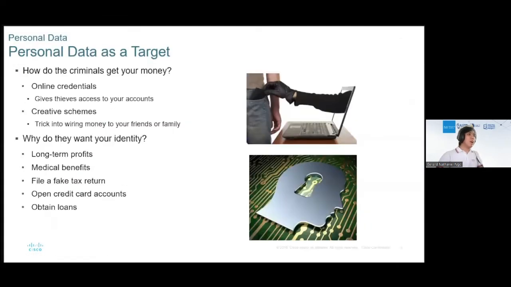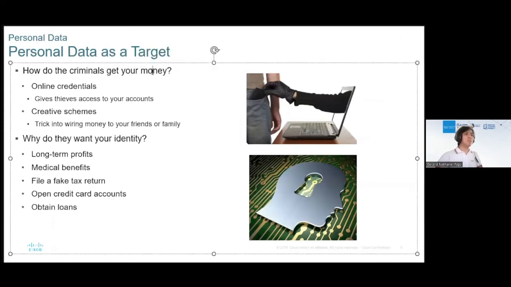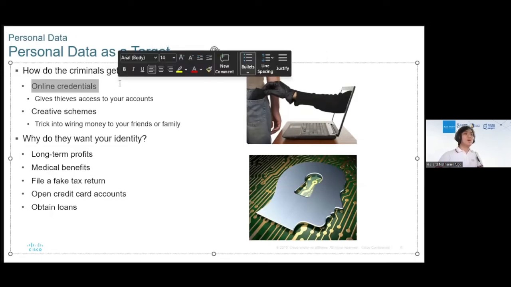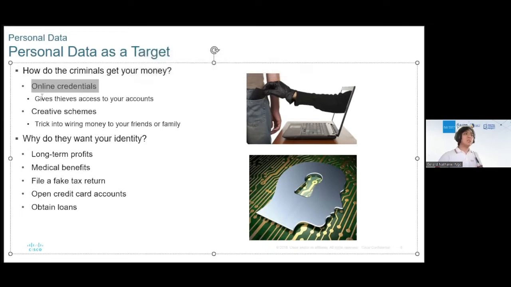So, your personal data as a target. How could you be a target? Criminals basically want to get money, and to gain money easily without working for it, or they're actually going to work for it a bit, but a different type of work, obviously. Once they gain your online credentials, the thieves could get access to your accounts, namely bank accounts, and any other platforms that they could use to get money or extort money from other people that you know.